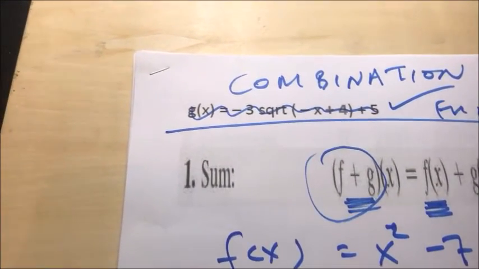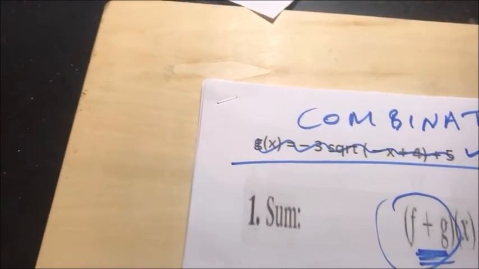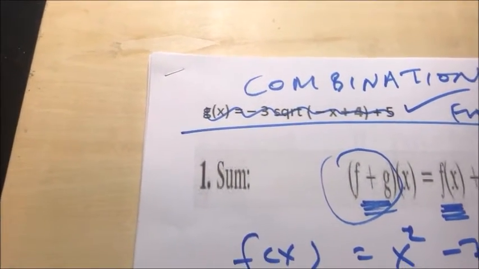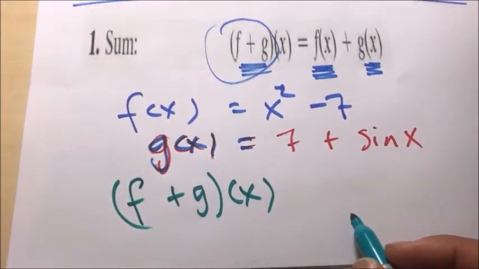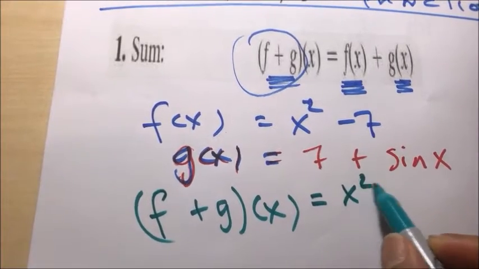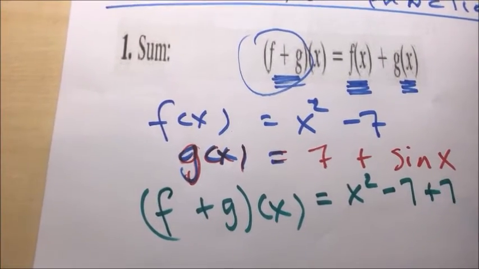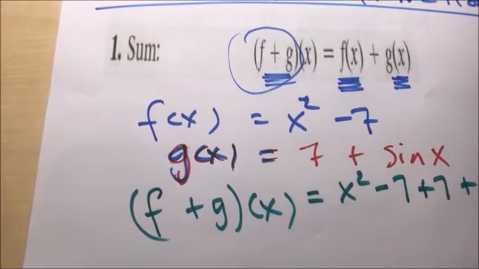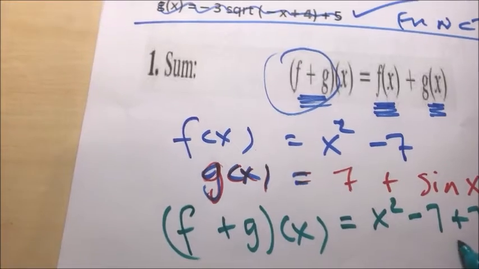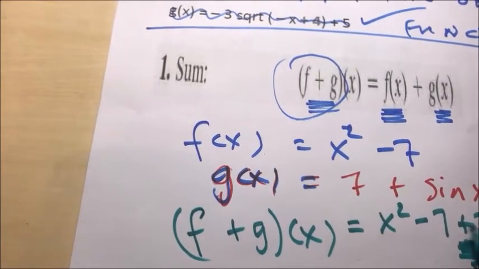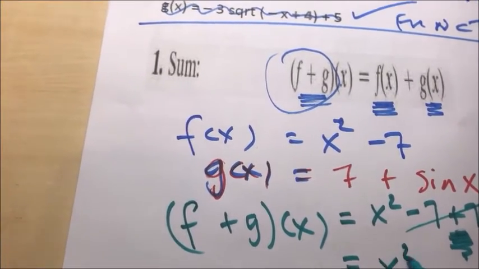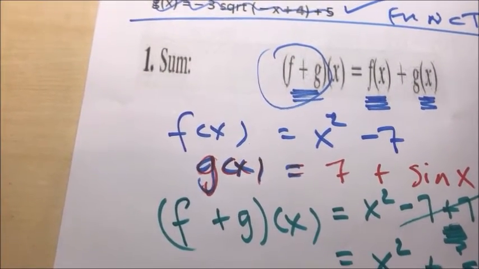Alright, then f plus g of x will just be the function x squared minus 7 plus 7 plus sine x. I don't need any parentheses because I'm adding, right? So I'm adding here. And so if I add these, negative 7 and 7 cancel out, and so that function is just x squared plus sine x, okay?